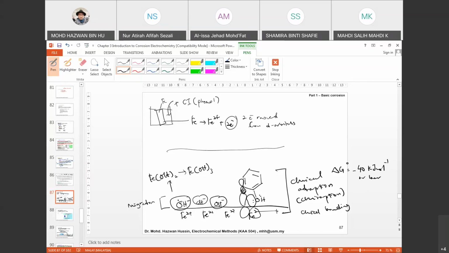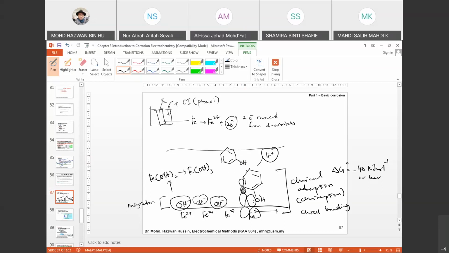First, as I said, you can have a migration if this process happens too fast. Another thing is in water there's also H plus that may be present in the electrolyte. So H plus can actually react with the inhibitor, any sort of inhibitor. For example, in this case, we use phenol as an example.